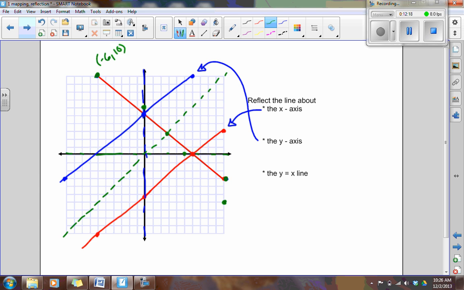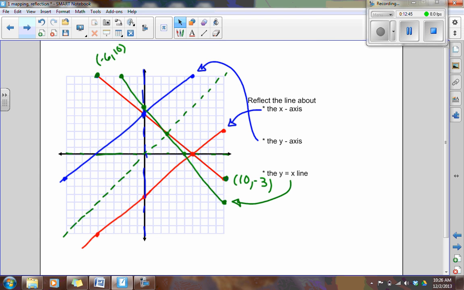And this point here is at (10, -3), so when we reflect that across the line y equals x, we're going to have (-3, 10). Okay, then it's just a matter of connecting the dots. So the green line is the reflection across y equals x of the red line, and it's the inverse of that function.